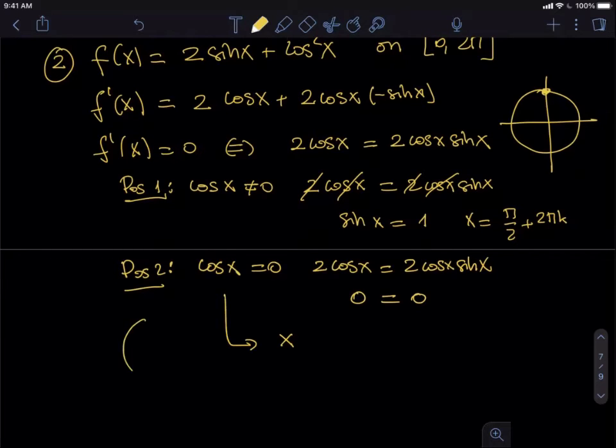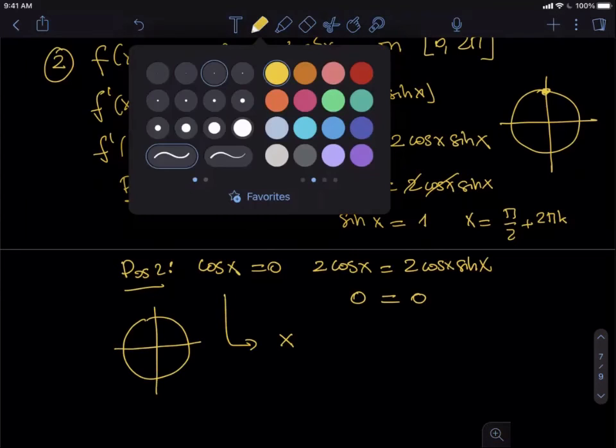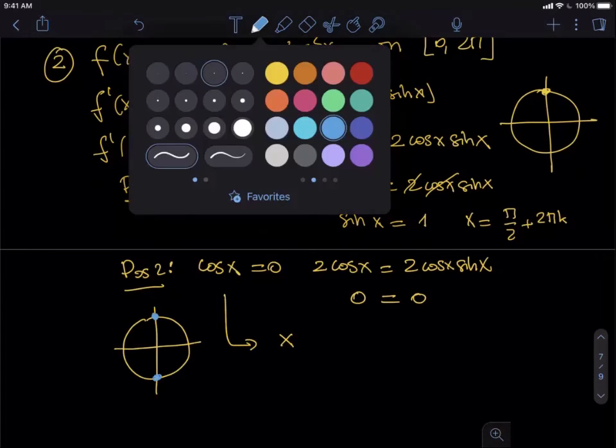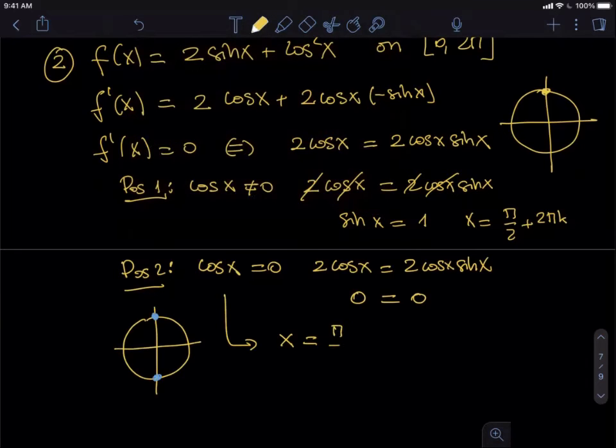Those are pi over 2 and 3 pi over 2, and then we have the 2 pi k and so on.